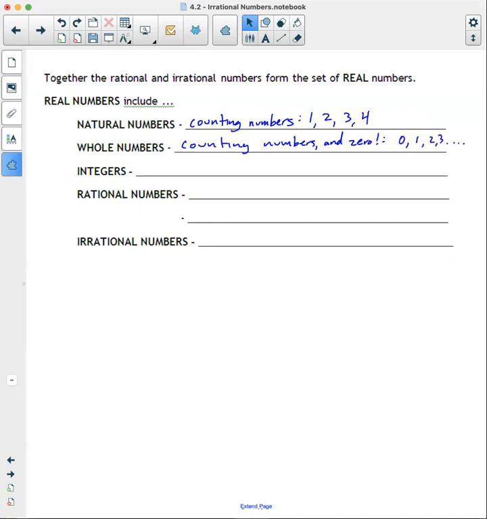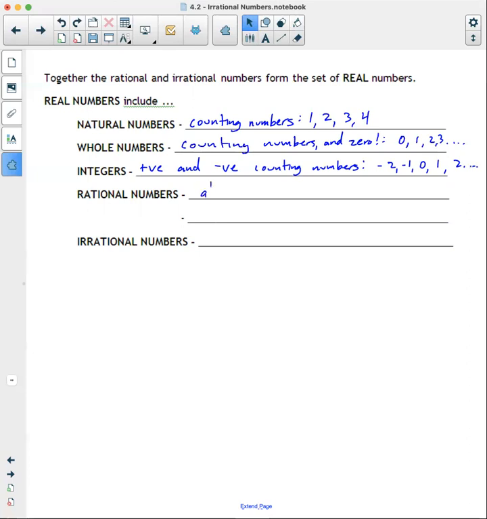Integers are positive and negative counting numbers. Okay, so -2, -1, 0, 1, +1, +2, etc. Okay, and then we have rational numbers.